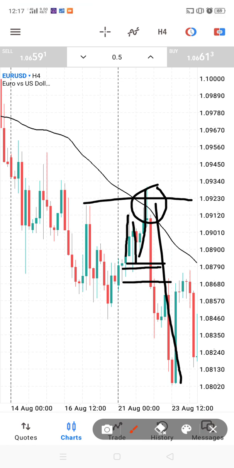It's pretty SMC like this. This is an SMC setup, as you can see, if you know what I'm talking about.